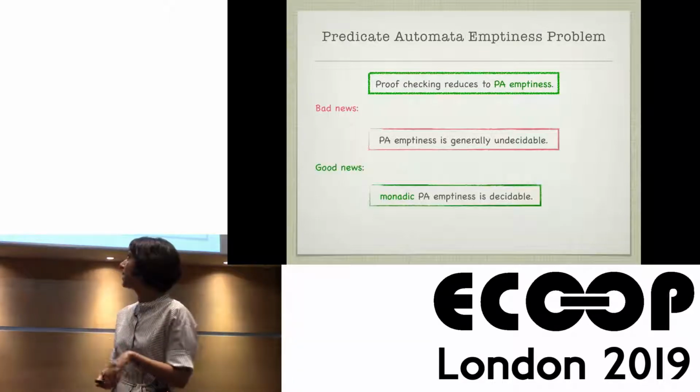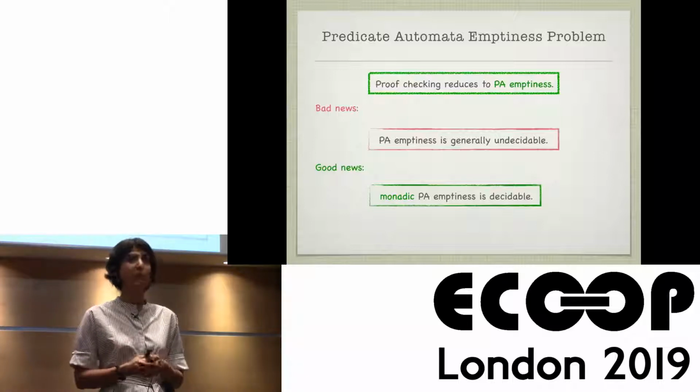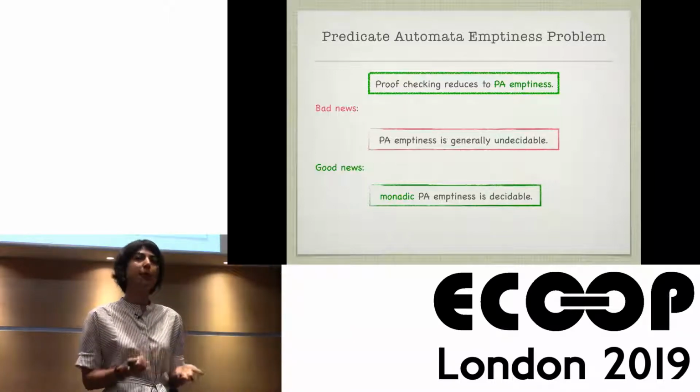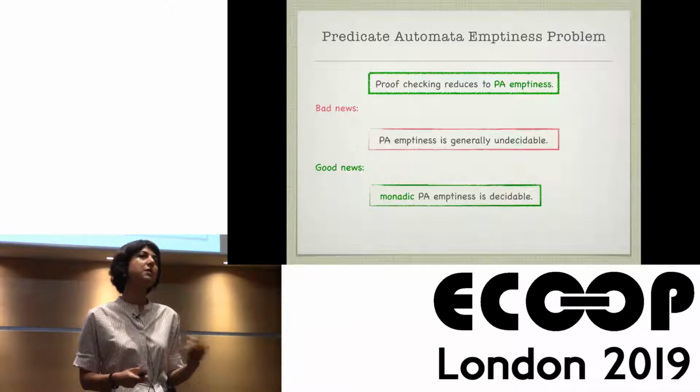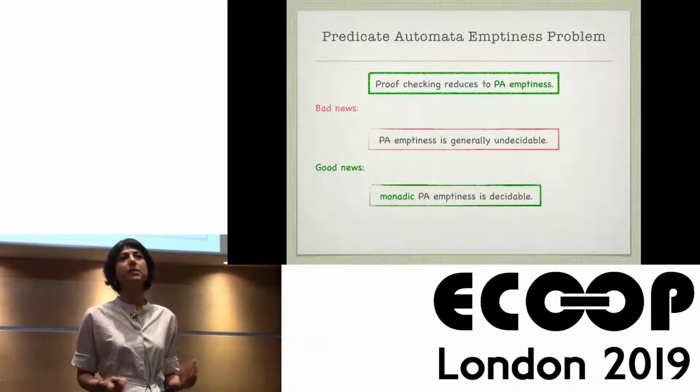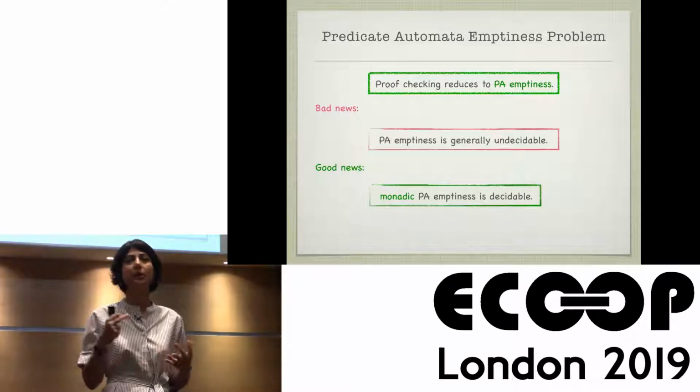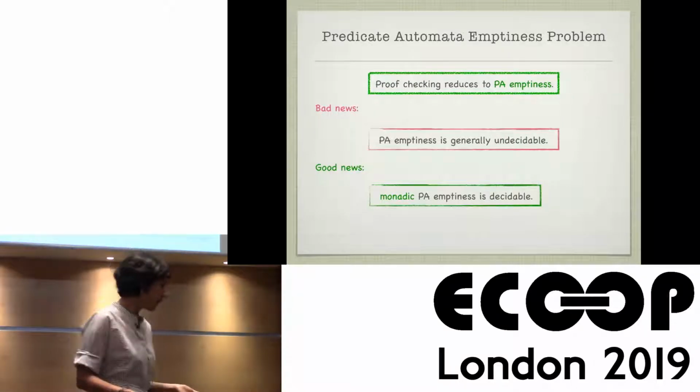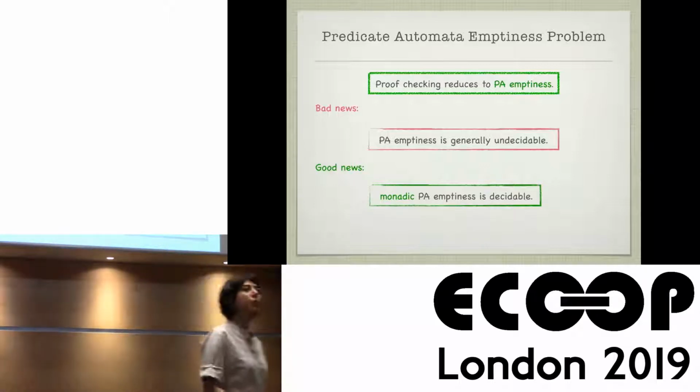The good news is that in a very sensible case, which we would expect, the case of monadic proofs, we have decidability. But this is not the only one. There are other interesting cases like bounded programs, where there are more decidability results. So in cases where we really expect the proof to go through, it does, but naturally, in general, we are slaves to the same undecidability results that any algorithm would be.